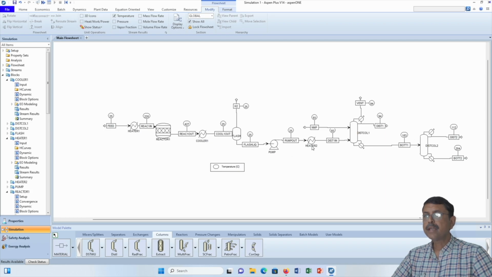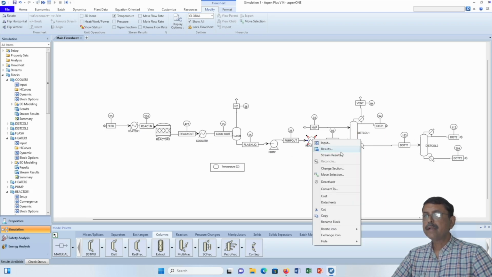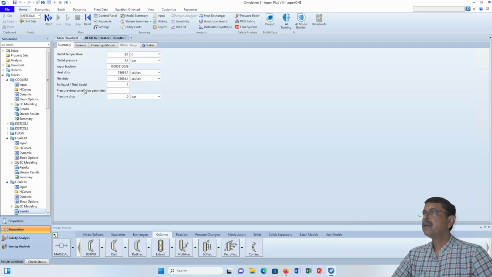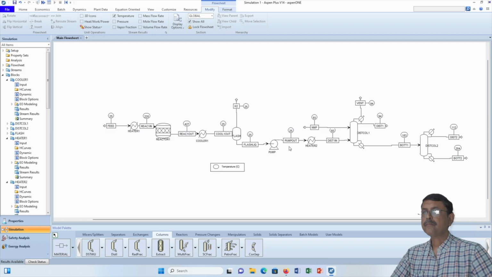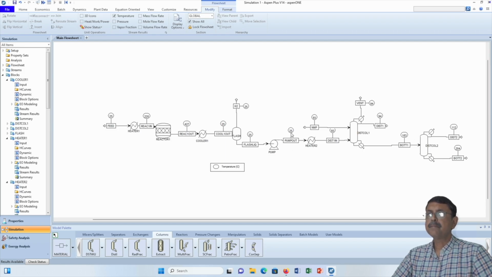Now let us check the other one. This is another heater that we have. What is the heat duty? Oh, it's not that much. It is 329 kilowatt. Okay, whatever it is. Actually, it is increasing the temperature from 25 degrees to 93 degrees centigrade.